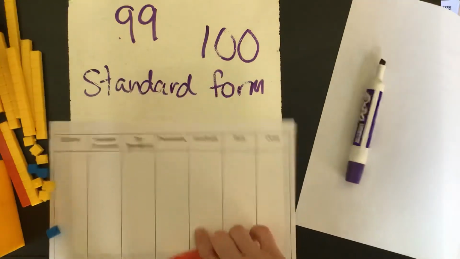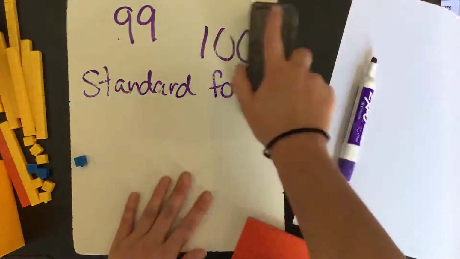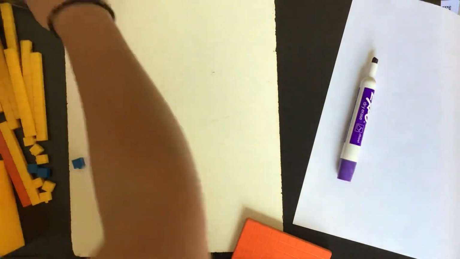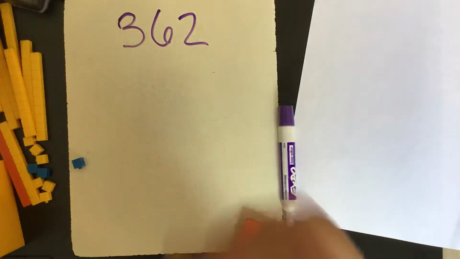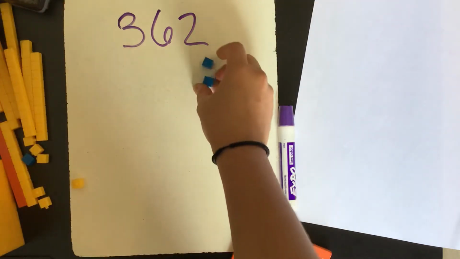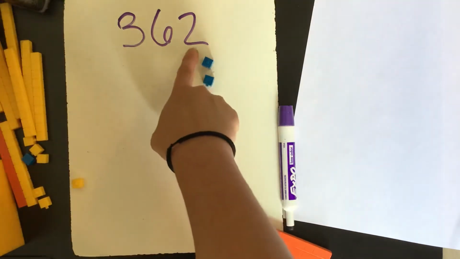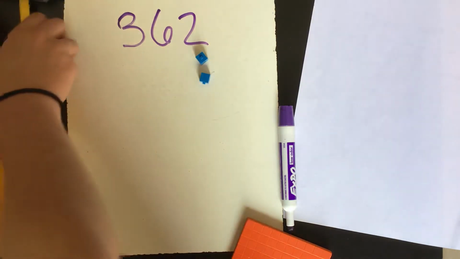So when I write a number in standard form, like 362, when I talk about it in base 10 form, I need to start grabbing my cubes. This 2 is worth 1, 2. This 6 isn't worth 6.